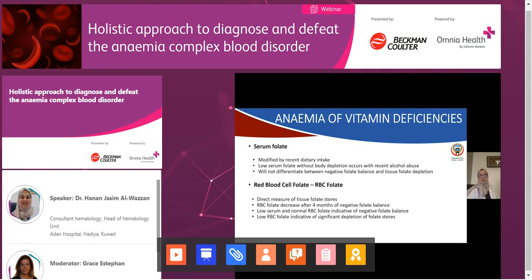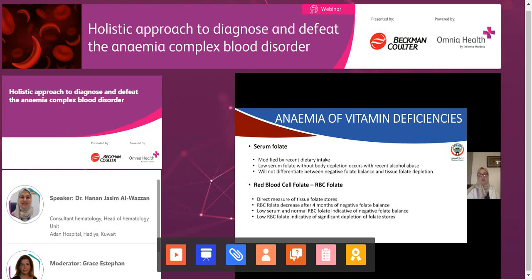However, cell folate is a direct measure of the tissue folate store, and cell folate decreases after 4 months of negative balance. Low serum folate and normal cell folate are indicative of negative balance. However, a low cell folate is indicative of significant depletion of the folate store.